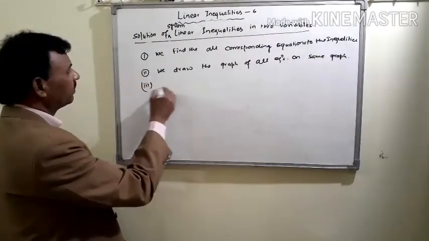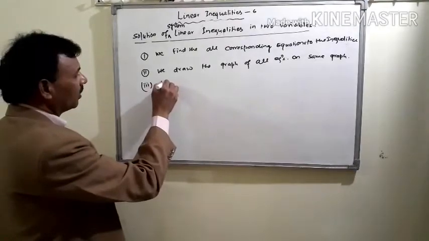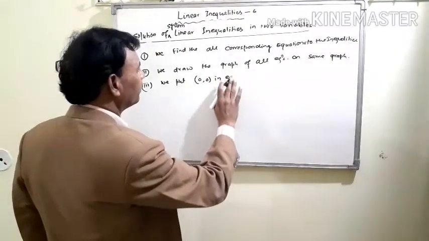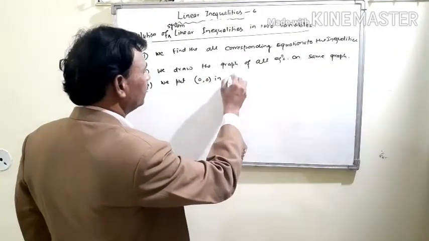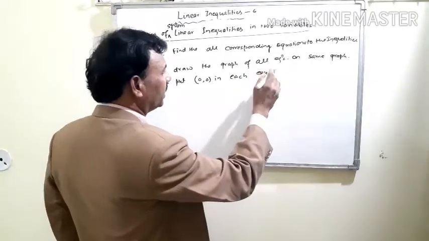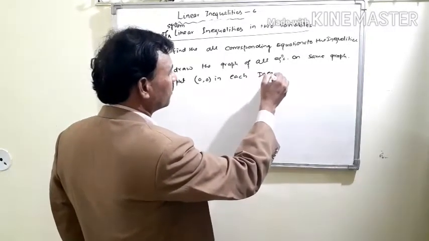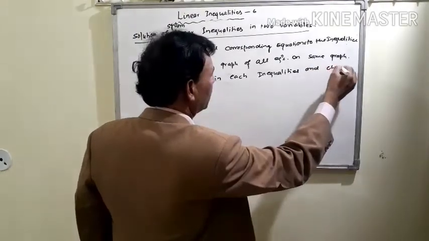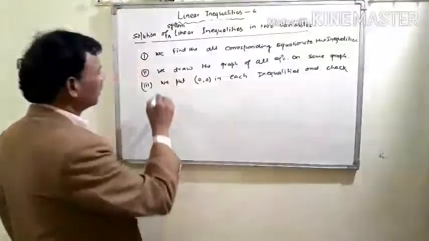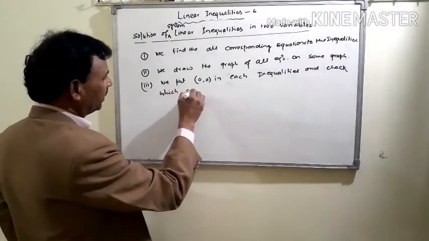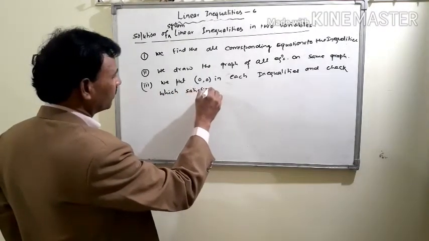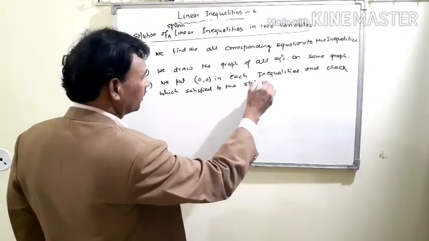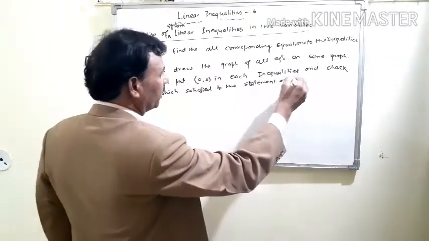In the third step, we put (0, 0) in each inequality and check which satisfies the statement of the inequality.